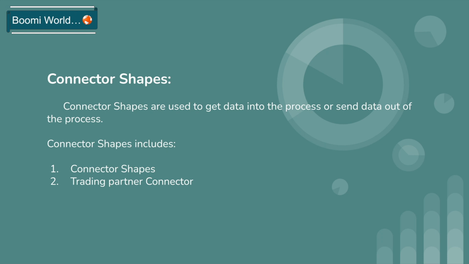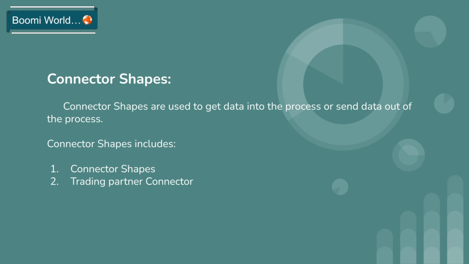Connectors are the main component that facilitates integration and contains all the information needed to connect to a data source or application. So connector shapes will have all the information you need to connect to the third party application. That entire data you may find on the connector shape.